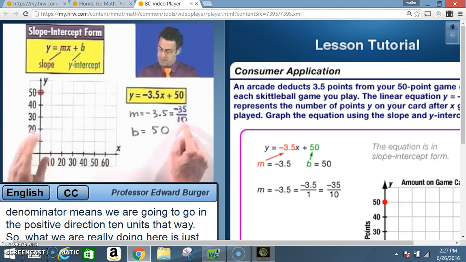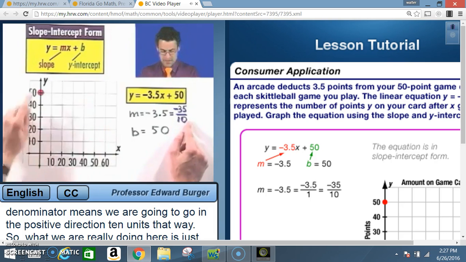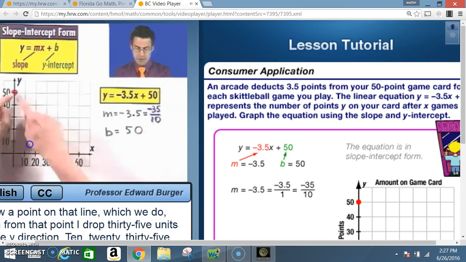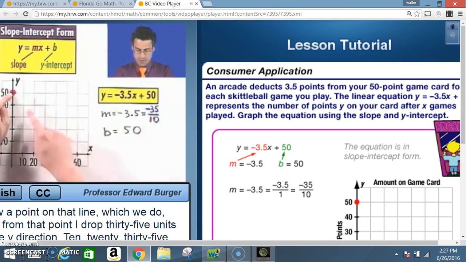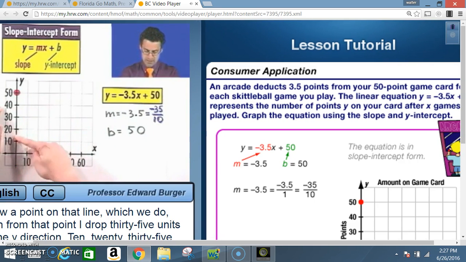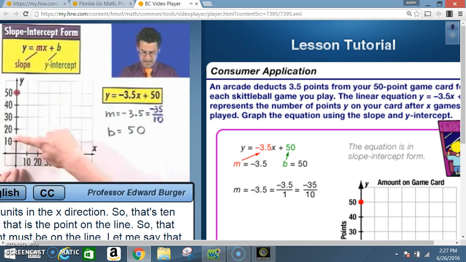So if we know a point on that line, which we do, then from that point, if I drop 35 units in the y direction and move over 10 units in the x direction, then that is a point on the line.